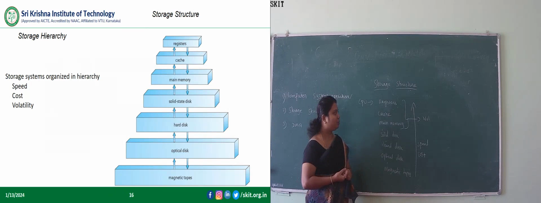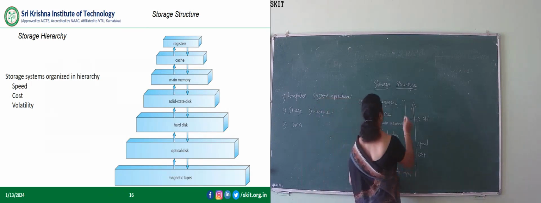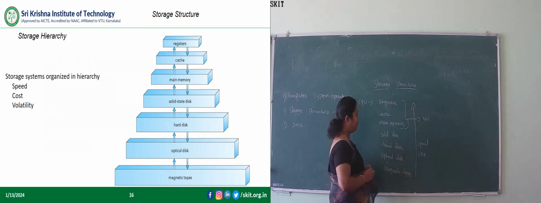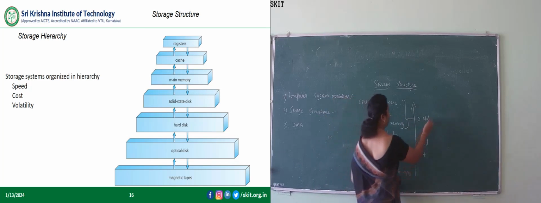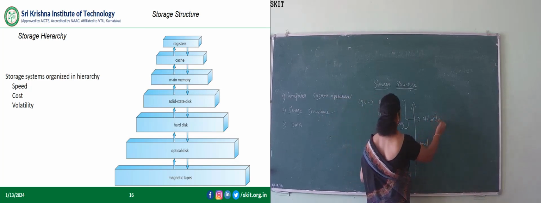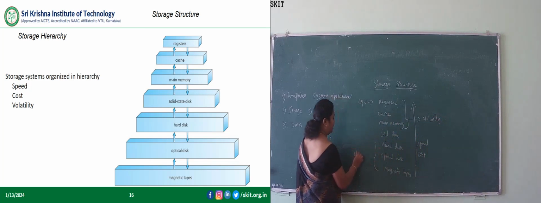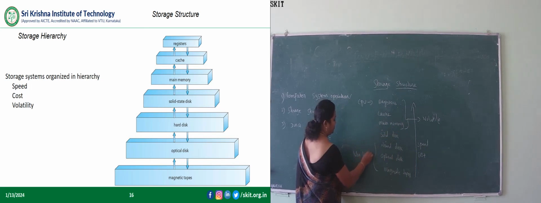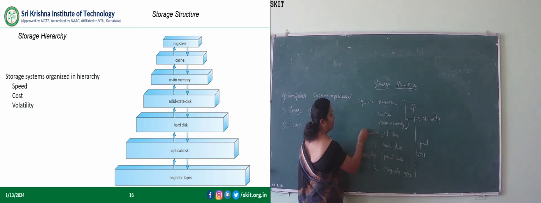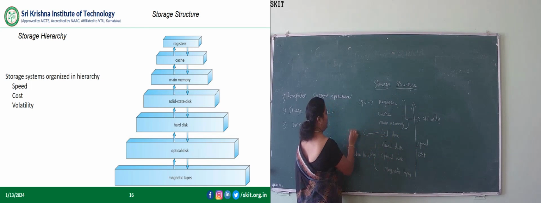The registers, cache memory and main memory are called volatile memories, and the remaining hard disk, optical disk and magnetic tapes are called non-volatile. The solid disk is a combination of both.